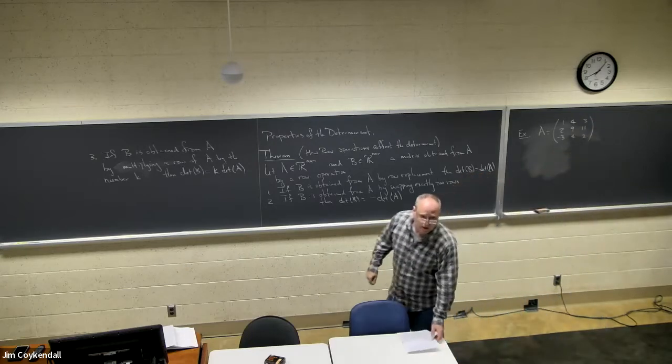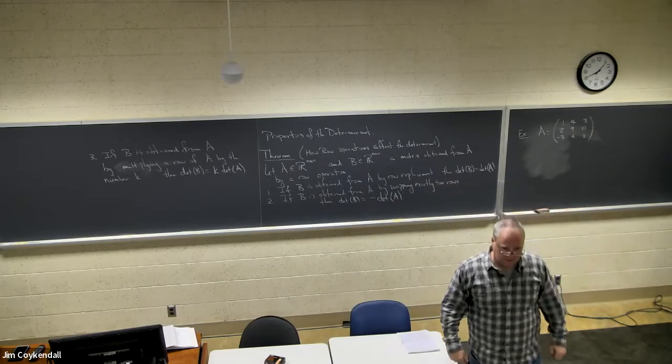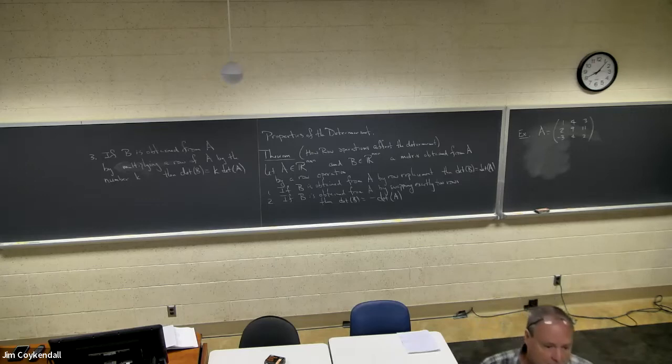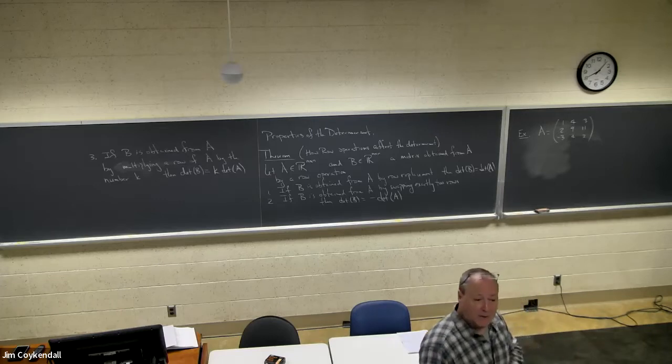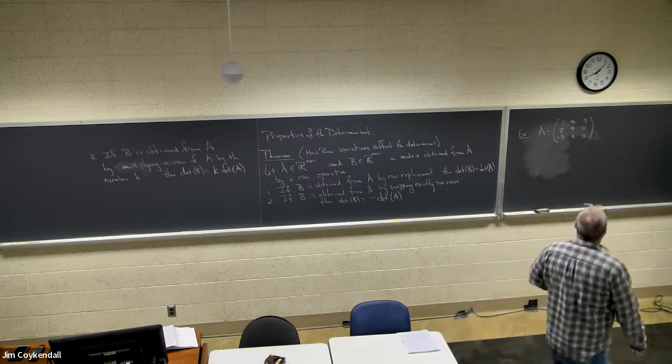A student asks: on that last example, you multiplied the top row by 5, so wouldn't the determinant be 4? No, it's just the diagonal element, 5 times 1. Remember, that was one of the last things we had last time: if you have an upper triangular or a lower triangular matrix, then the determinant is just the product of the diagonal elements, right?